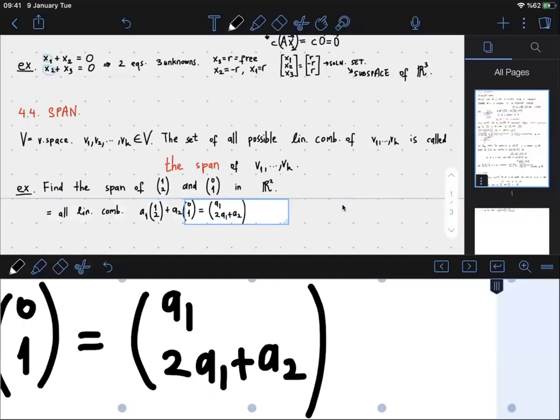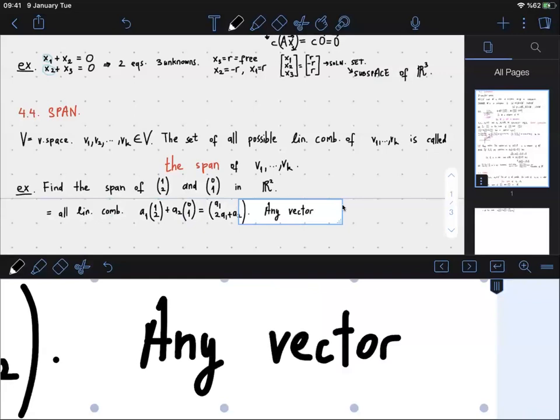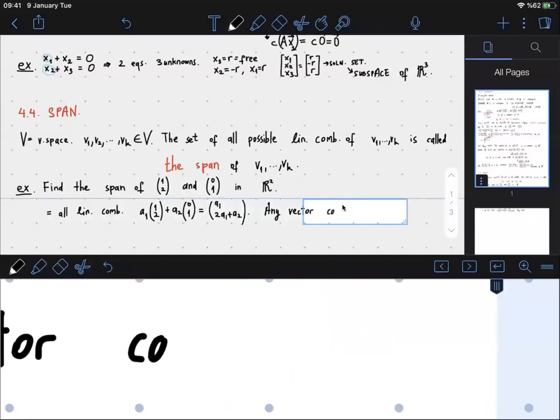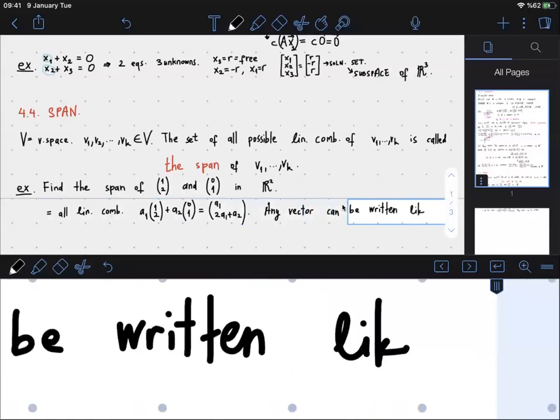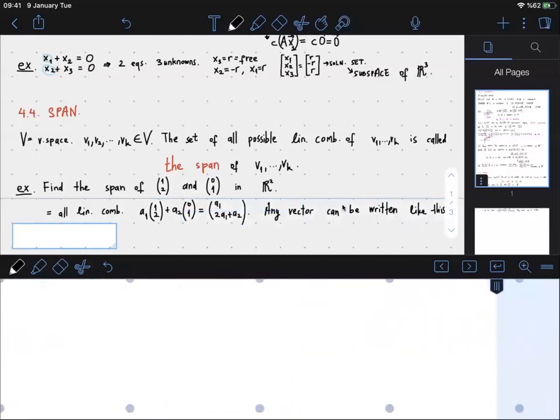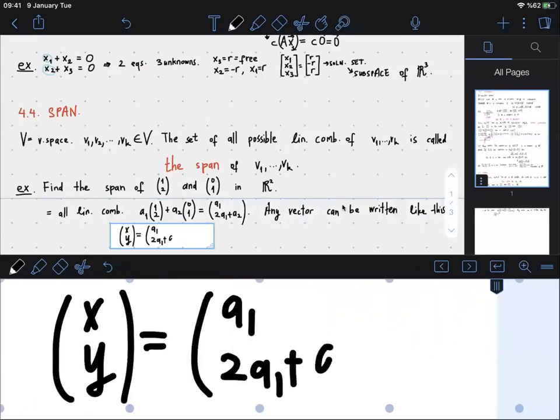Okay, so you see, now any vector in R2 can be written like this. What do I mean by this? I mean, if I take any vector (x, y), then there will exist a1 and a2 such that it gives this one, right?